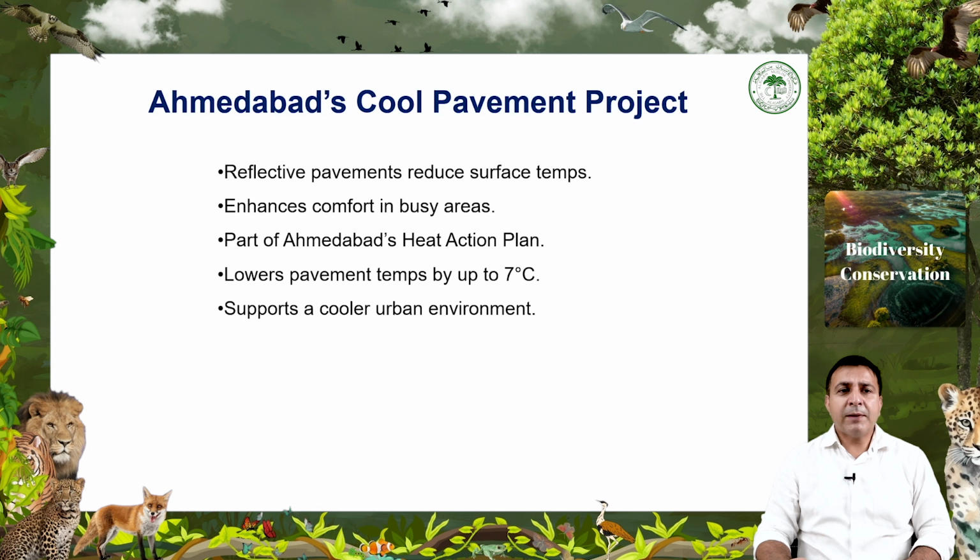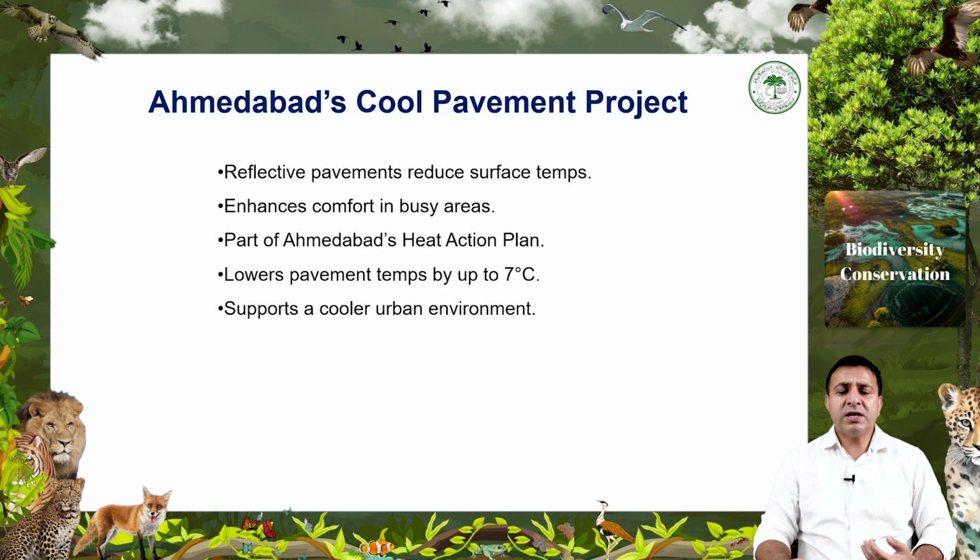Another is the Ahmedabad cool pavement project. This project uses reflective coatings on pavements in high traffic areas so that they can reduce surface temperatures by up to 70 degrees Celsius, making these spaces more comfortable for pedestrians.